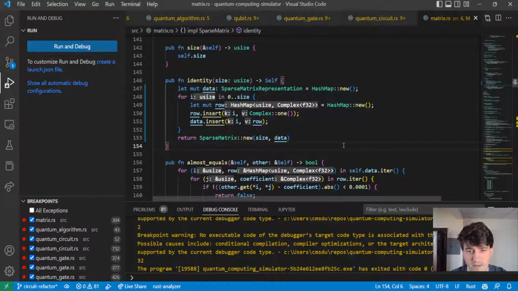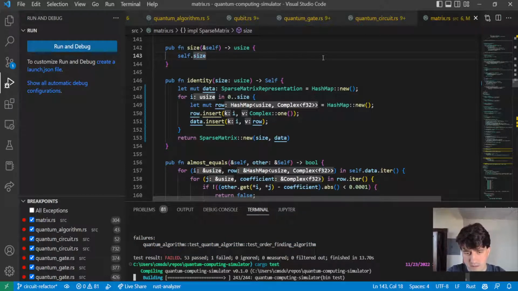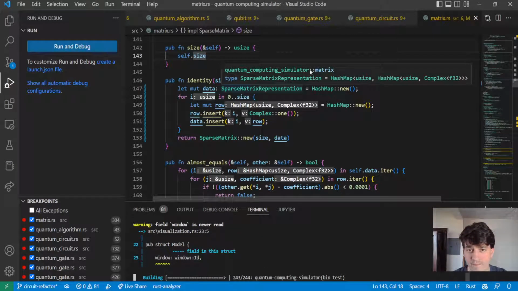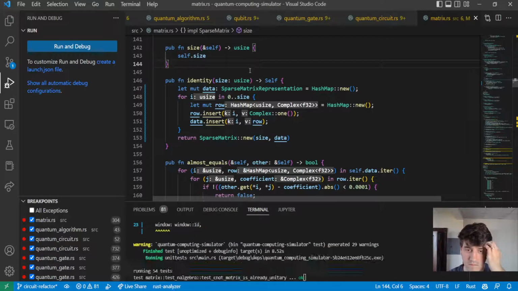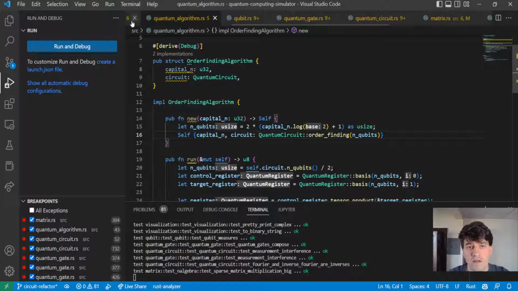It helps me scan the function. Okay, so I think this should immediately be faster. Let's cargo test, just make sure things are passing. Cool, seems like everything is most likely passing.